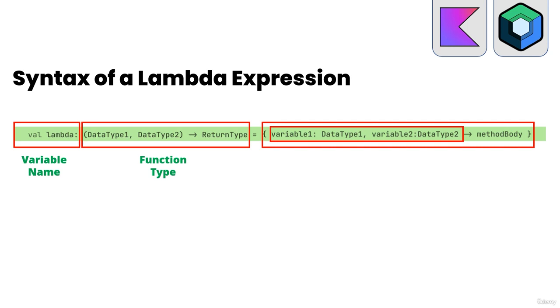And we have variable 2 which contains data type 2. So these variables are linked to data type 1 and 2 respectively. Then we have the method body. This whole thing is called the Lambda.